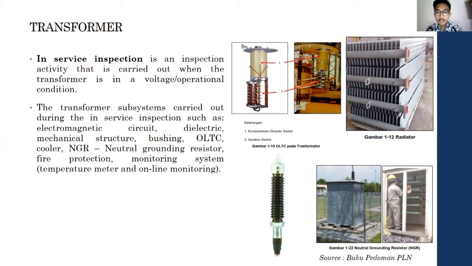This is a picture of OLTC, cooler, bushing, and NGR or neutral grounding resistor.